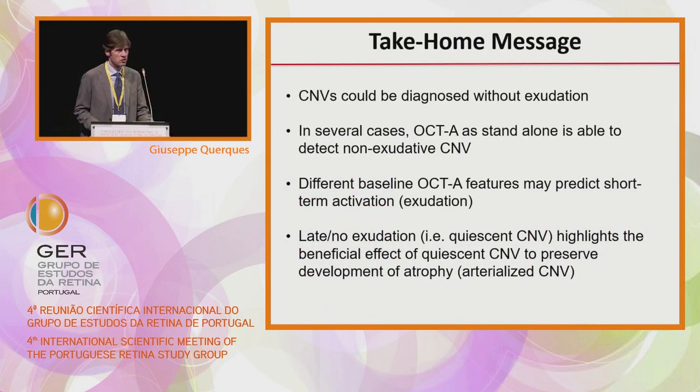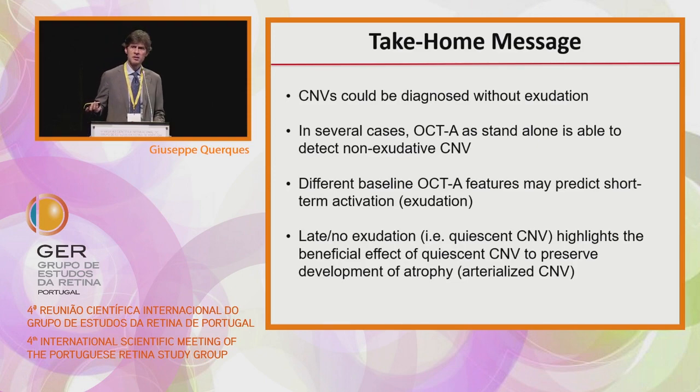So, take-home messages. You can use OCTA to detect a quiescent or subclinical type 1 neovascularization, but unfortunately not in all cases. There are still more or less 20% of cases in which you should rely on ICG if you want to make the proper diagnosis of drusen, let's say, or drusenoid PED versus a subclinical quiescent type 1 neovascularization.